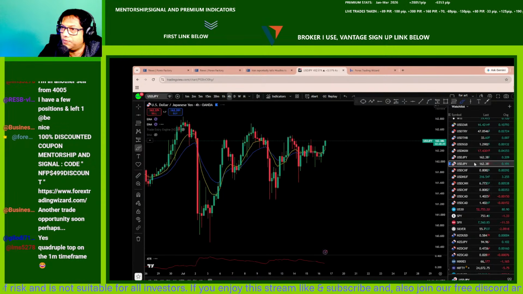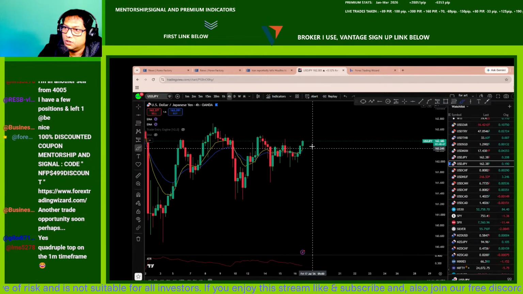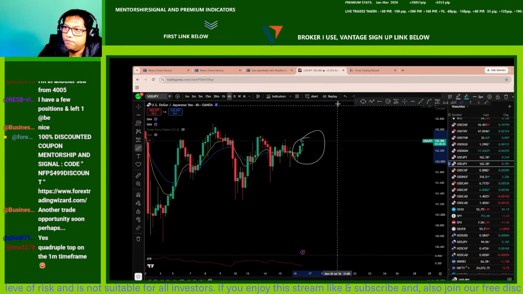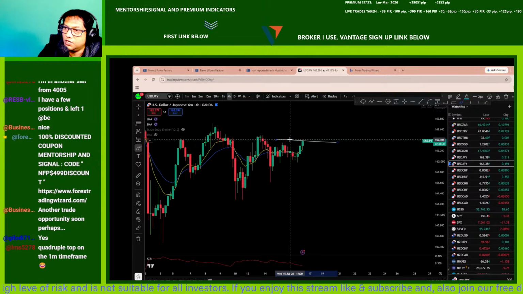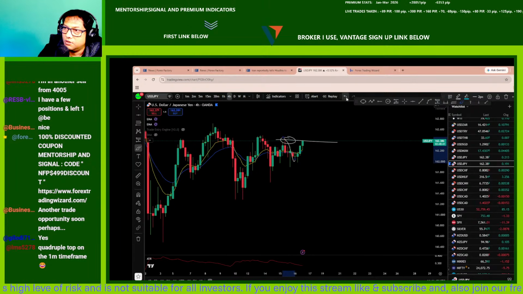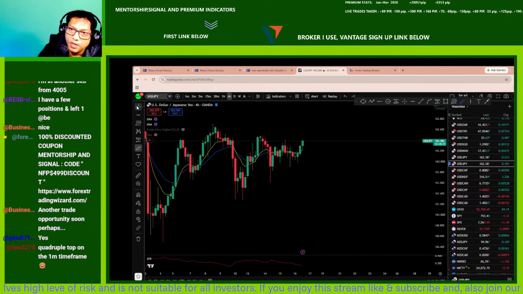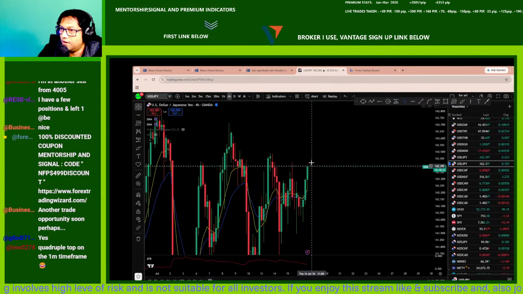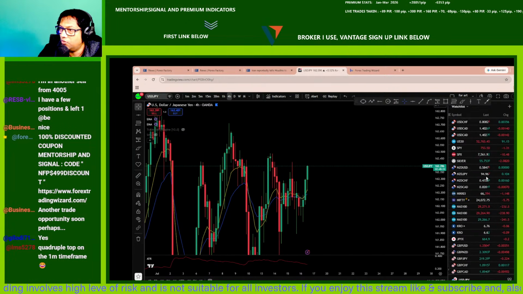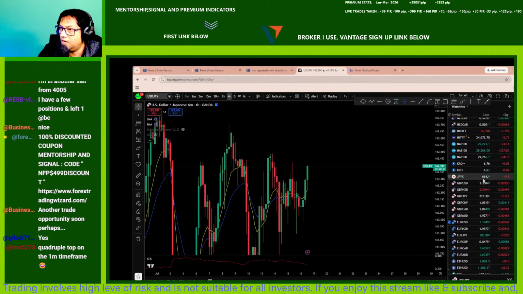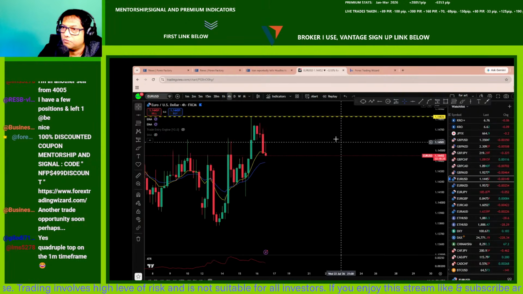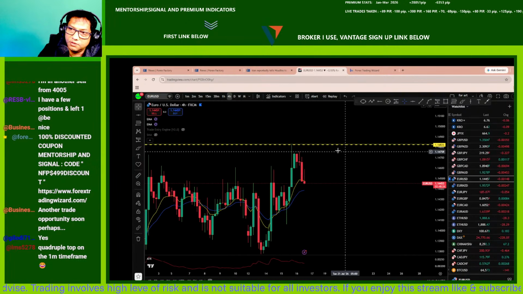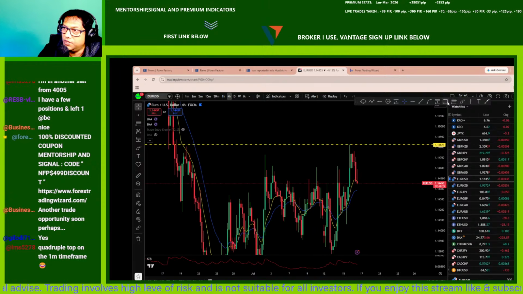USD/JPY also slowly started to move up. We saw this yesterday, rejected back below, and now the market is slowly moving back to the upside on USD/JPY. And euro dollar, as I mentioned earlier, the price is above this resistance.